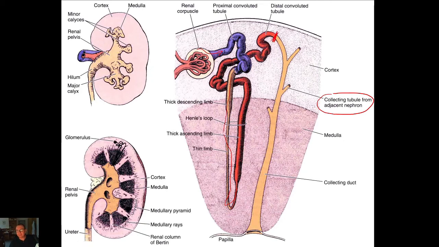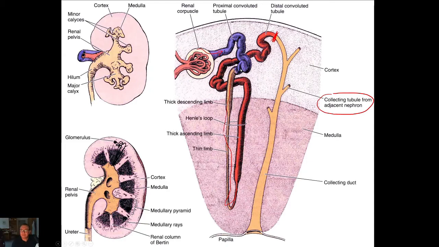As I already said, each kidney has 1 million renal corpuscles, and that means it contains also 1 million nephrons, because each renal corpuscle is a part of one nephron.